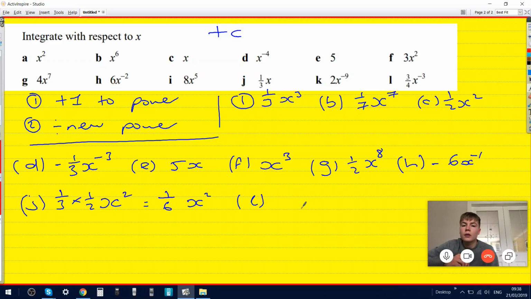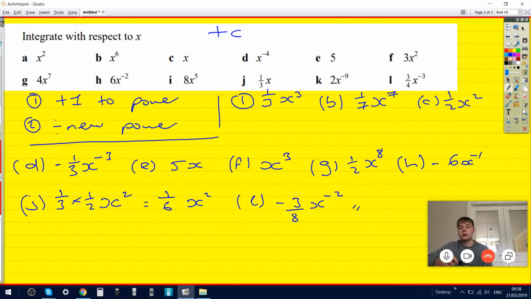Minus 3/8 x to the minus 2. Well done. Brilliant. And they're all plus C.